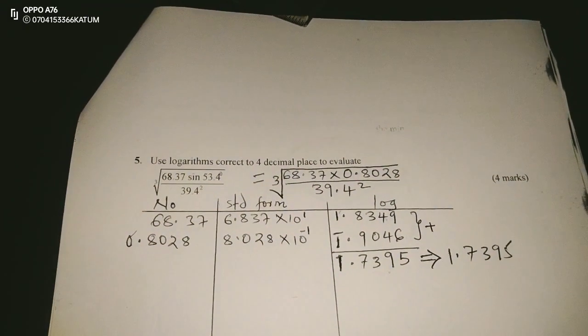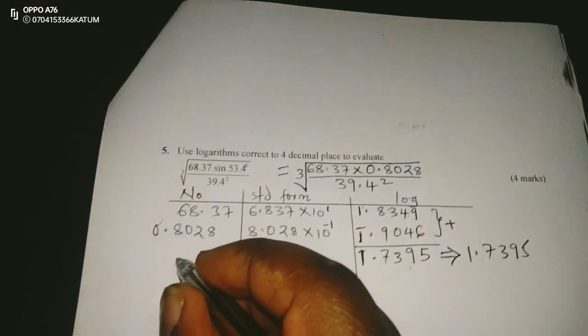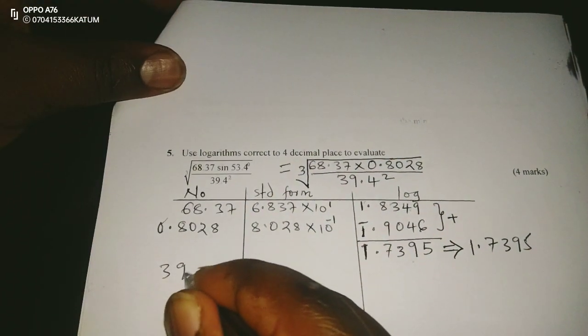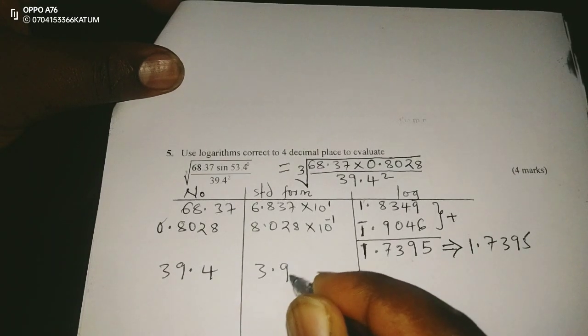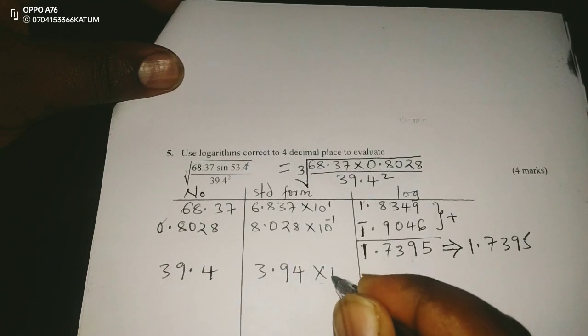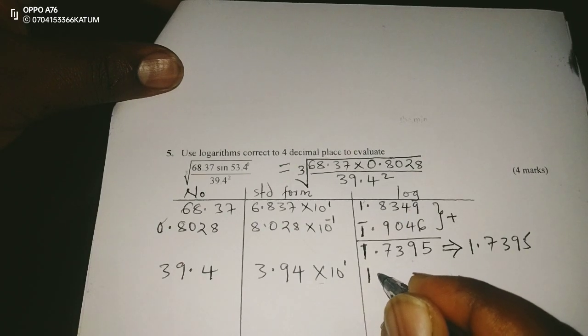Then now we go to the next number, which is 39.4. This is going to be 3.94 times 10 power 1. So the logarithm will be 1 point.